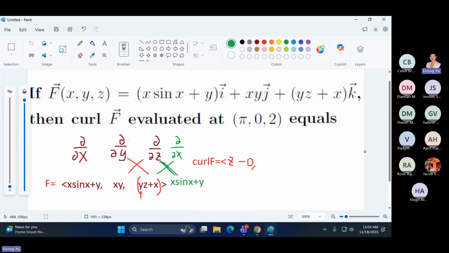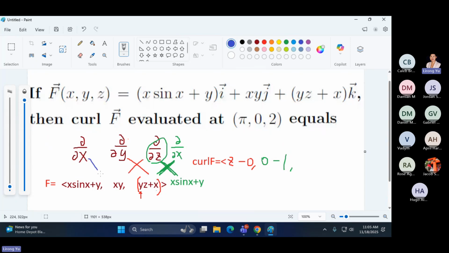This is a positive diagonal, this is a negative diagonal. The positive diagonal has no z, so that's 0. Differentiation with respect to z gives 0, minus this differentiation with respect to x, we get 1, so -1.